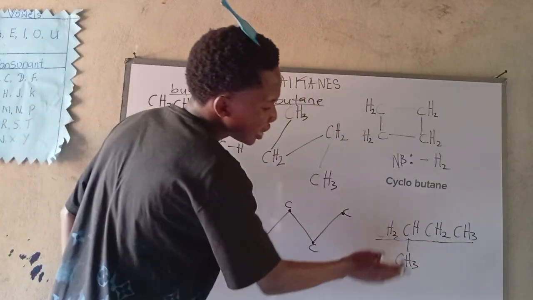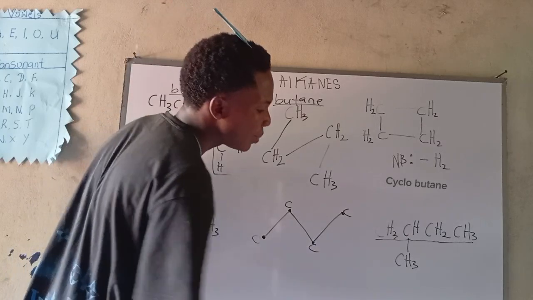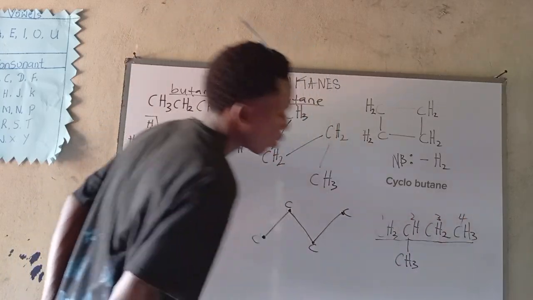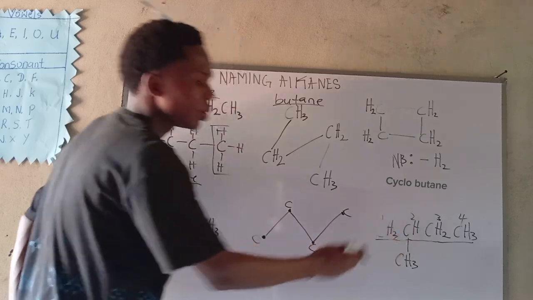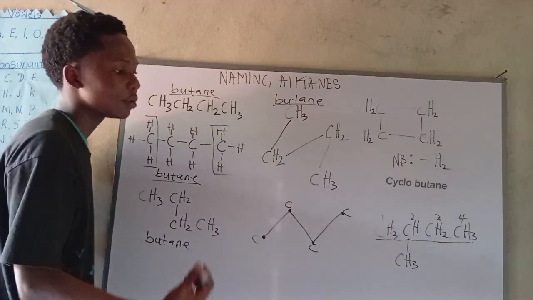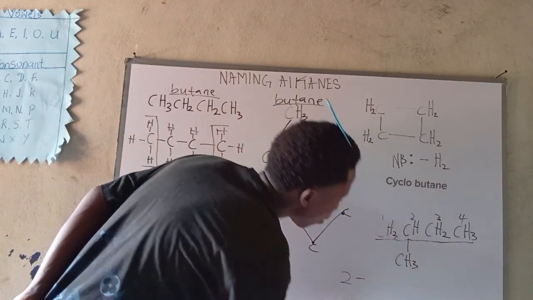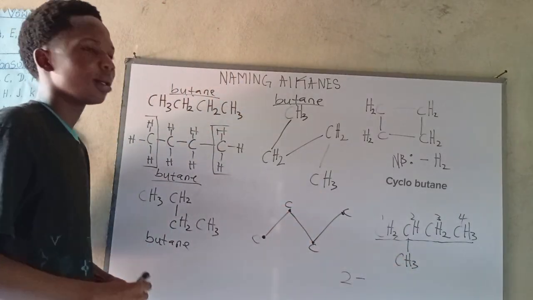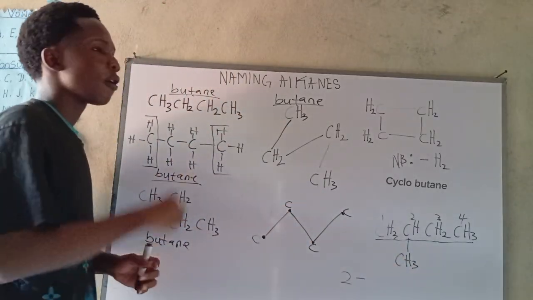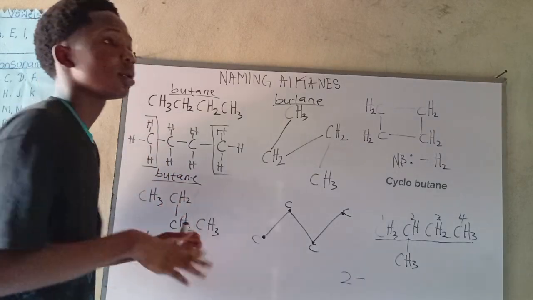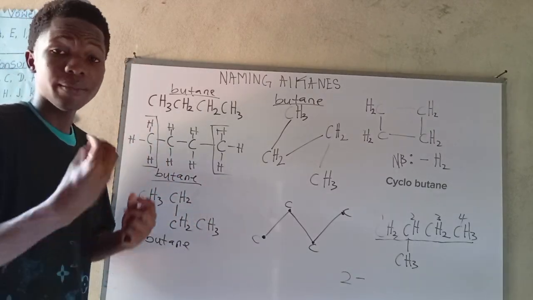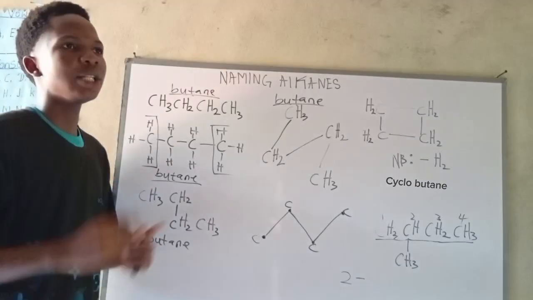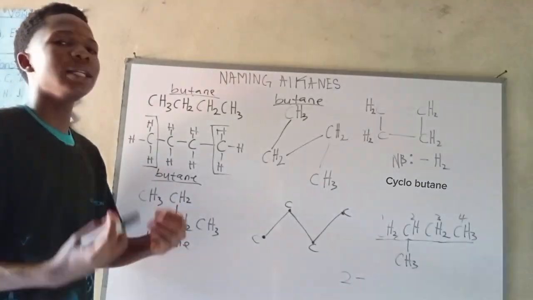But the substituent is here. How do we now know how to name it with the substituent? We say 1, 2, 3, and 4. The substituent is in 2, the second carbon atom. So we have to name it what? 2 what? We don't know the name of this substituent here. But now, from our table, we said what? We said 1 carbon atom is what? Methane. But if 1 carbon atom is losing a hydrogen, it will be called methyl.